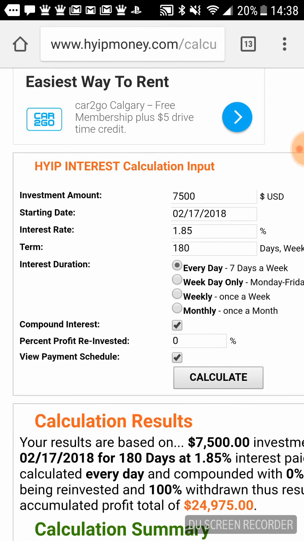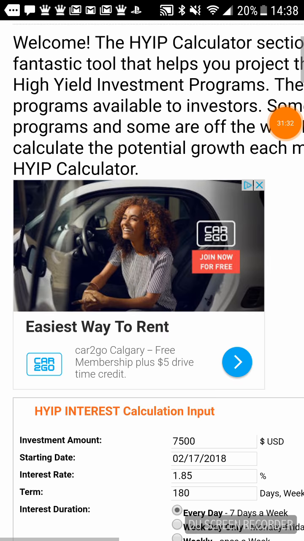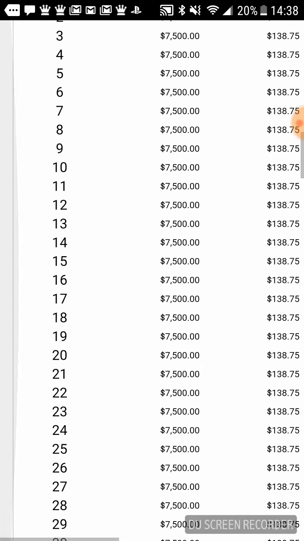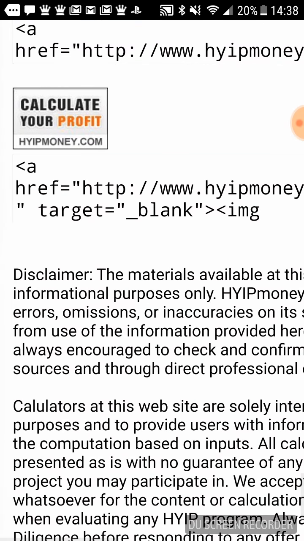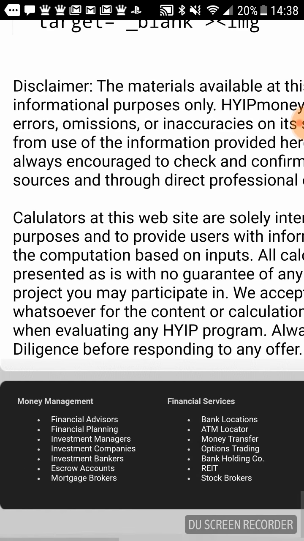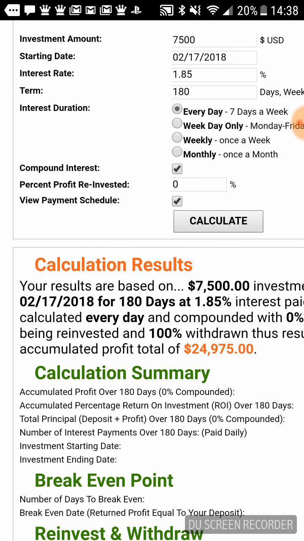So there's the numbers. If you want to play with it yourself, just do a Google search for HYIP money calculator, right? And all this is just a calculator. I don't think there's any product associated with this website. I mean, they do advertisements, but what website doesn't these days? So it's a tool to use.